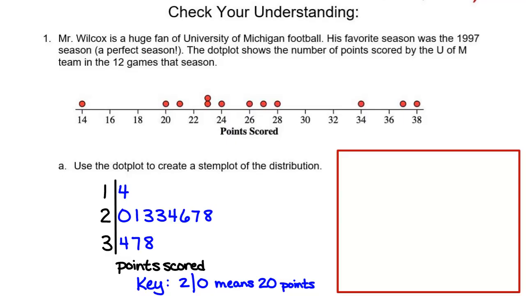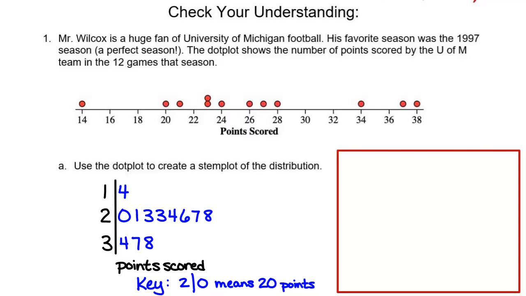Because my data starts at 14, it's okay that I don't start with the 0. My data goes all the way out until 38, so I had to go at least to a 3. And if, let's just make this up for a second, there were no scores in the 20s, I would still need a 2 as a stem, even if I don't have any leaves to go with that part. But it's okay to start where your data starts and stop where your data stops.